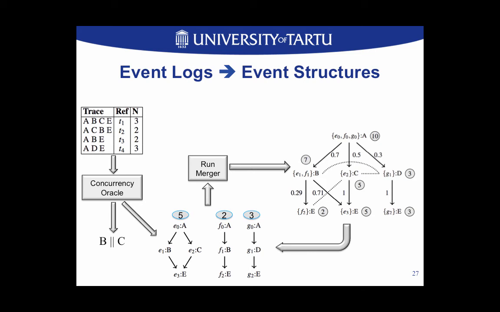So I can go from a set of runs to a prime event structure, and from the prime event structure back to exactly the same set of runs. And if my concurrency oracle is perfect, then in principle I can go back to the traces as well. So in that case, I have an event structure that is completely isomorphic to the log. There's a bijection between the two.